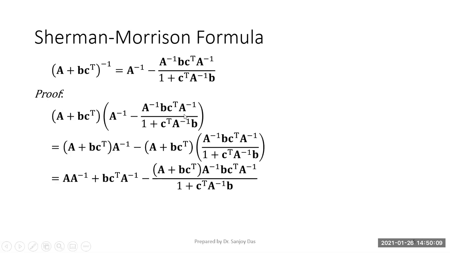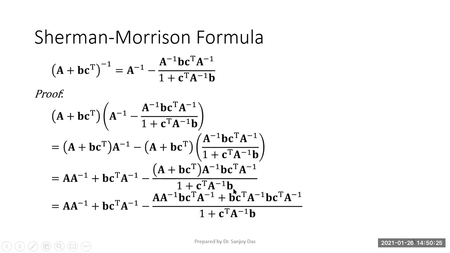Here, I chose not to open up. What I've done is I've multiplied this and this. So I have, in the numerator, A plus BC transpose times A inverse BC transpose A inverse over the denominator. And now I open this parenthesis up. So AA inverse BC transpose A inverse, then plus BC transpose A inverse BC transpose A inverse.